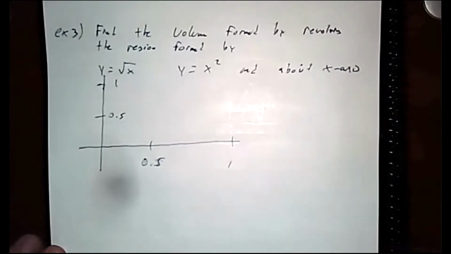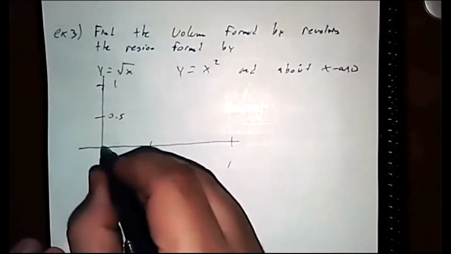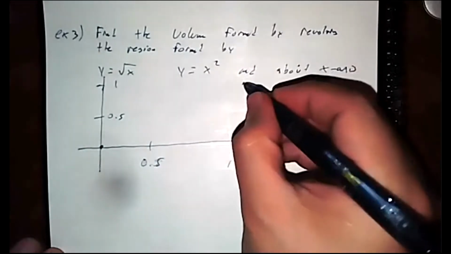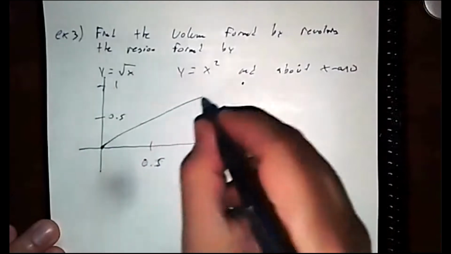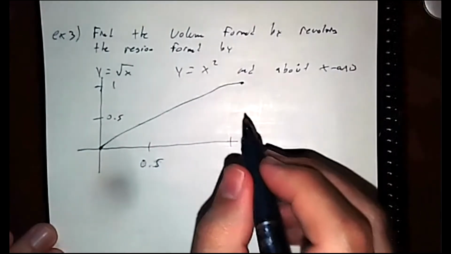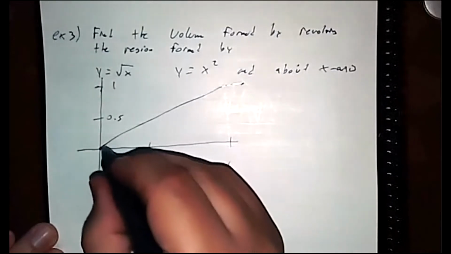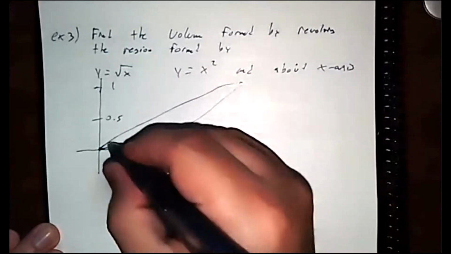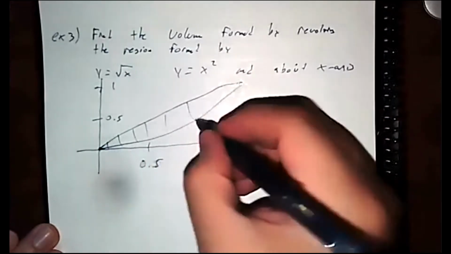Square root function is 0 at 0. The square root function is 1 at 1. So it'll do something like this. Parabola is 0 at 0 and 1 at 1. So it'll do something like this. And we get this shape here.